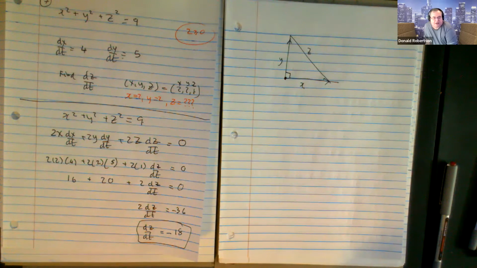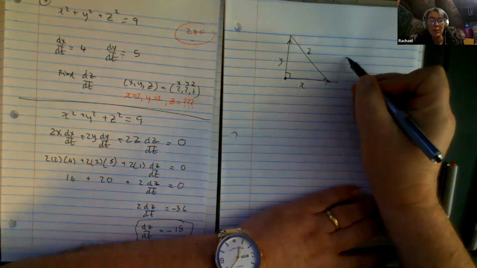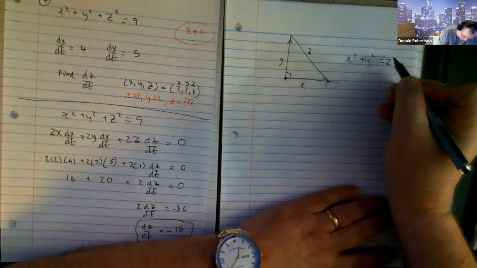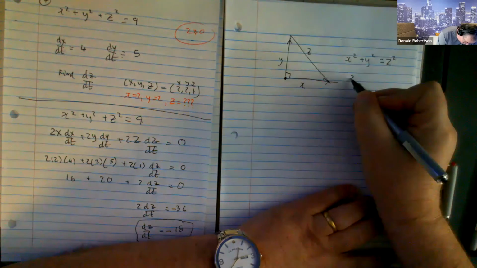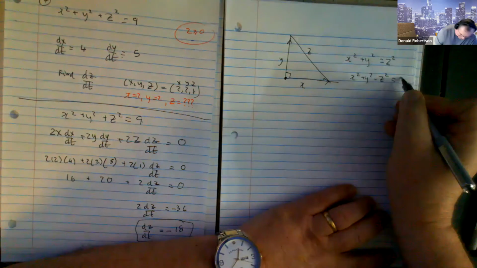How would you connect X, Y, and Z together? That's easy, Pythagorean theorem. Okay, so you say that, agreed? I would, and that's correct, and there's nothing wrong in that. I would just make it a little bit prettier and do that.